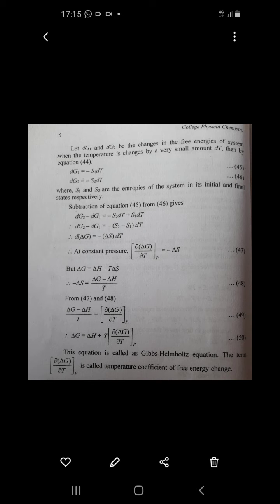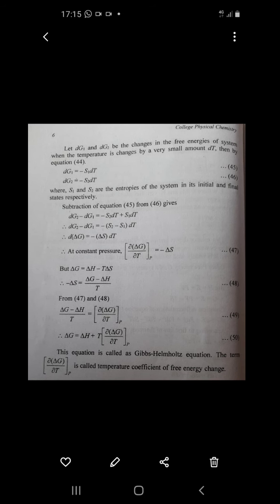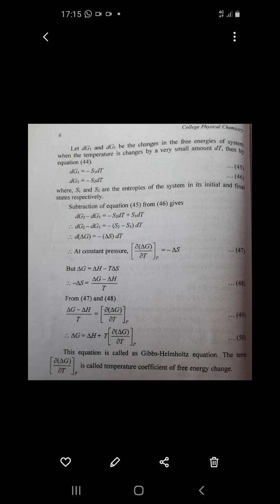So here, S1 and S2 are the entropies of the system in the initial and final state respectively. That means entropy is a state function, and obviously free energy is also a state function, as we already saw in the last video lectures.